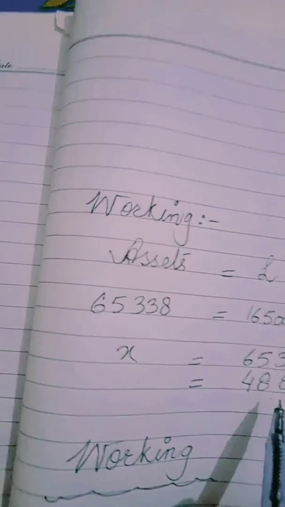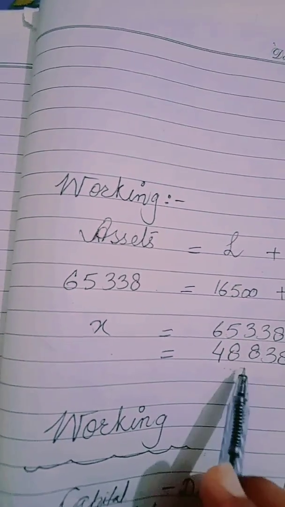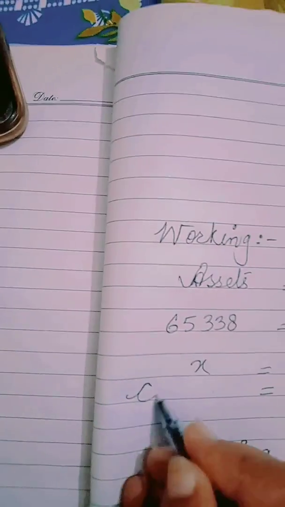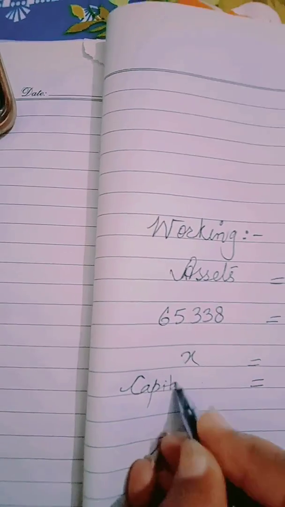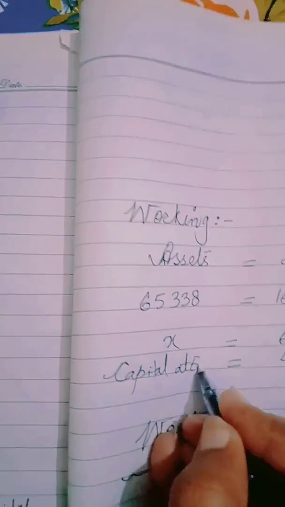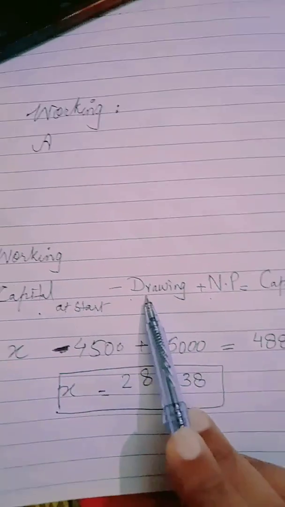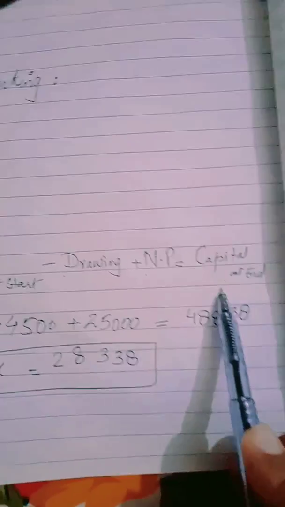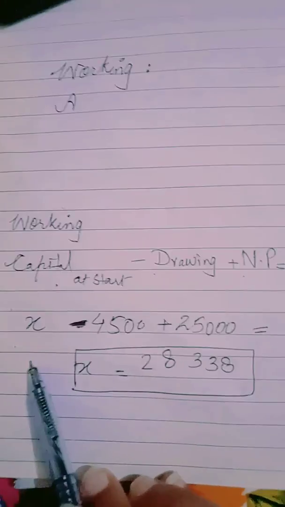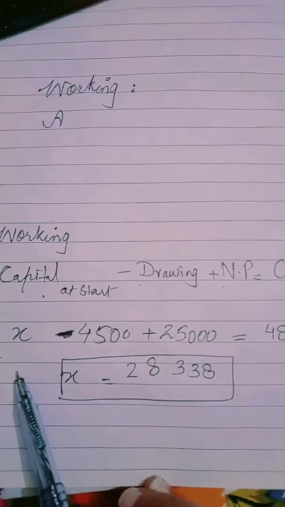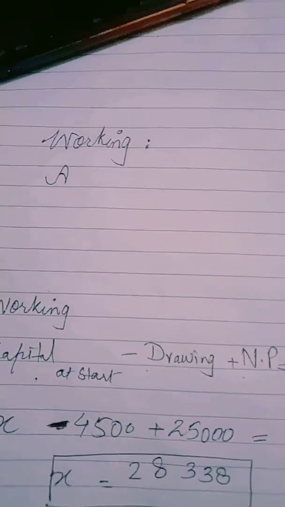This is the capital at end. When we did assets minus liabilities, this is our capital at end, and when we apply the equation capital start minus drawing plus net profit is equal to capital at end, we use this for capital at start. Is this clear?